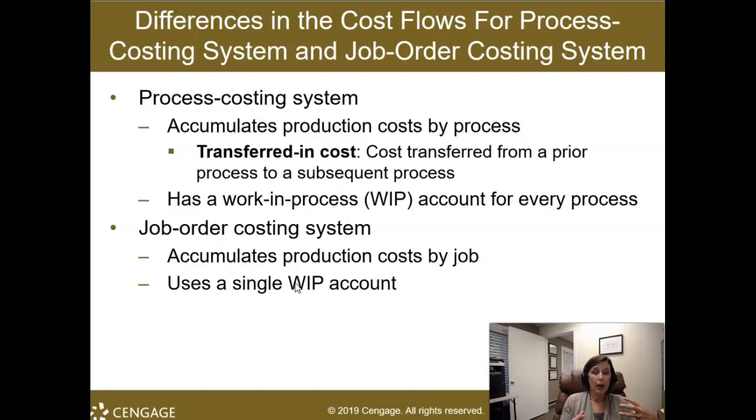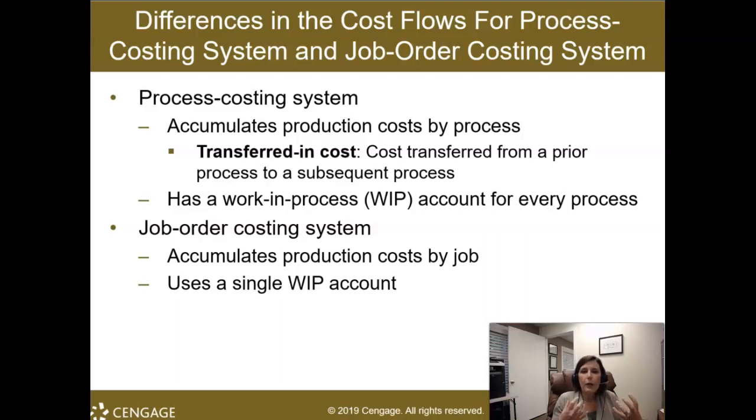Whereas with the process costing system, the costs from the prior department get transferred with that product all the way through until that product winds up in our finished goods inventory, and then all of the costs are attached to that product.